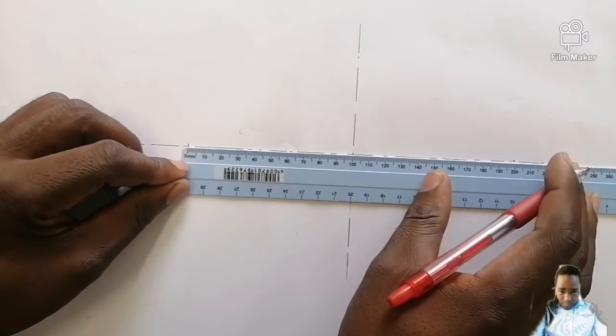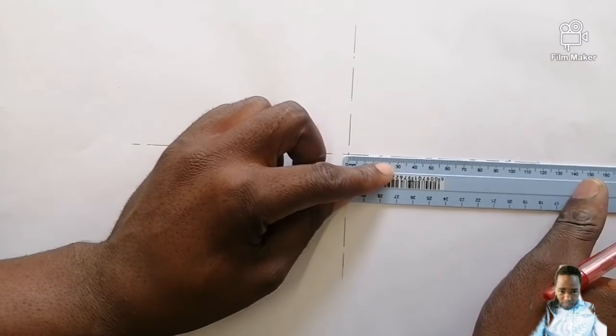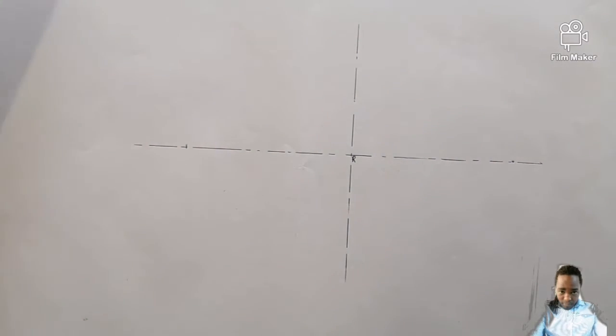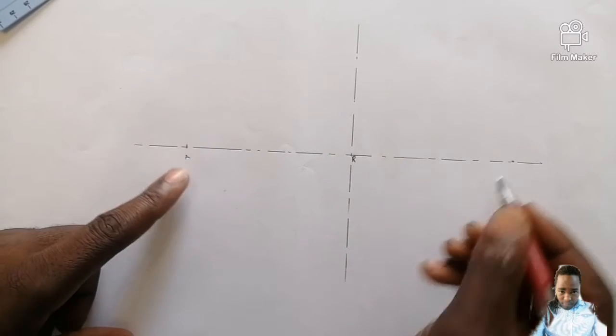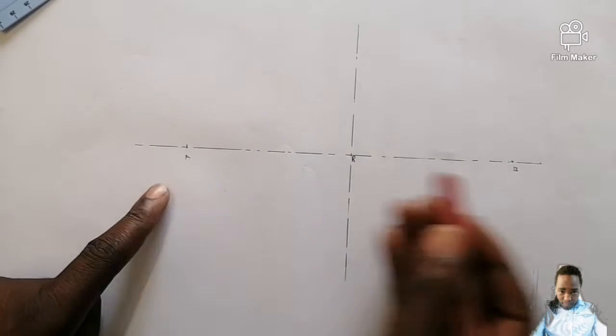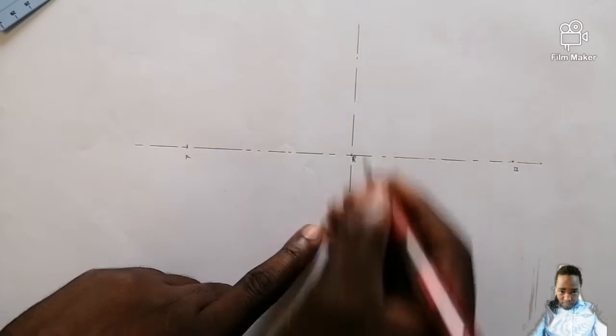From here till there is 100 millimeter, and from here till there 100 millimeter, so that from here till there is 200 millimeter. I'll mark this point A and this point B on the horizontal axis. On the vertical axis, if I may call it that, we are going to have C and D.